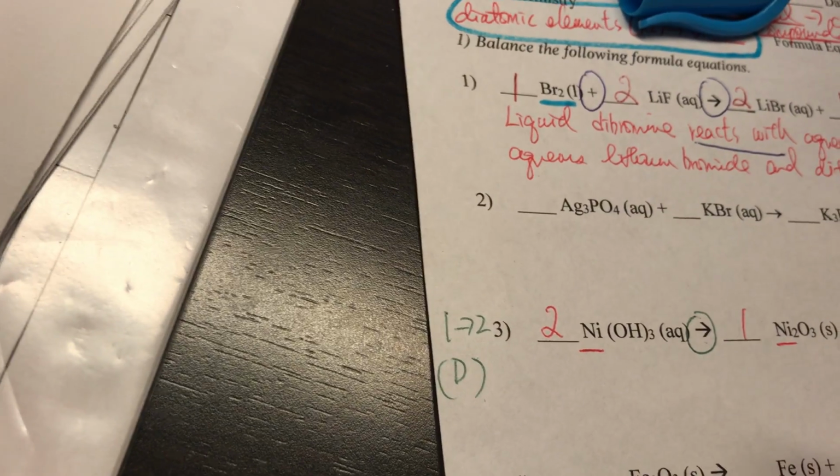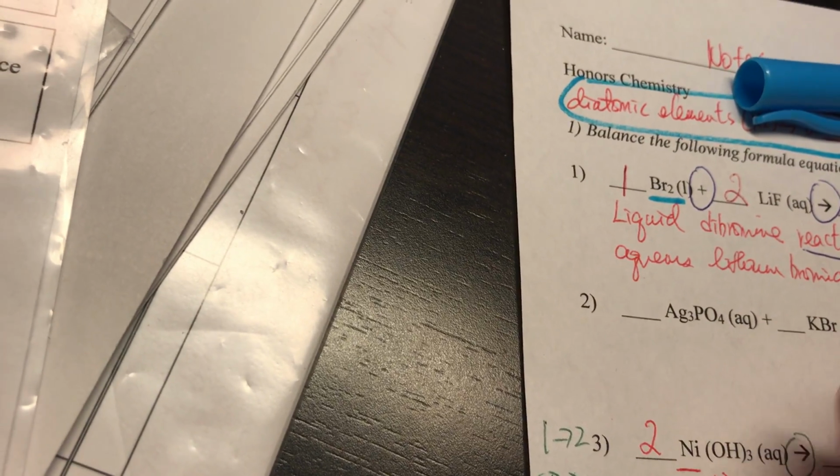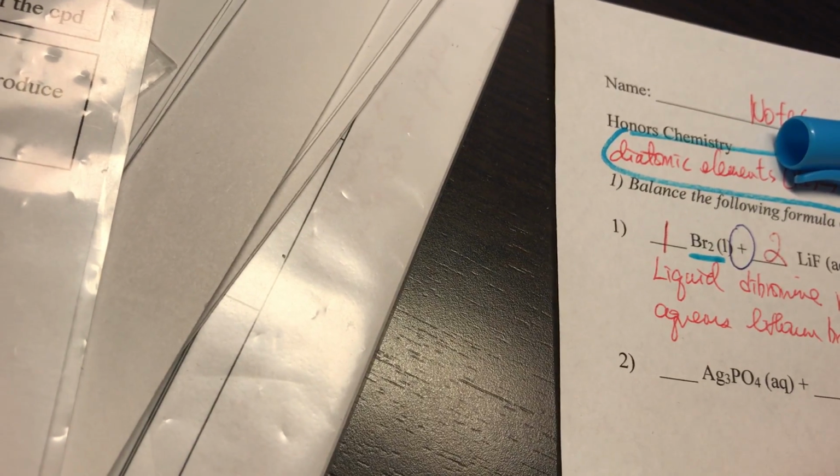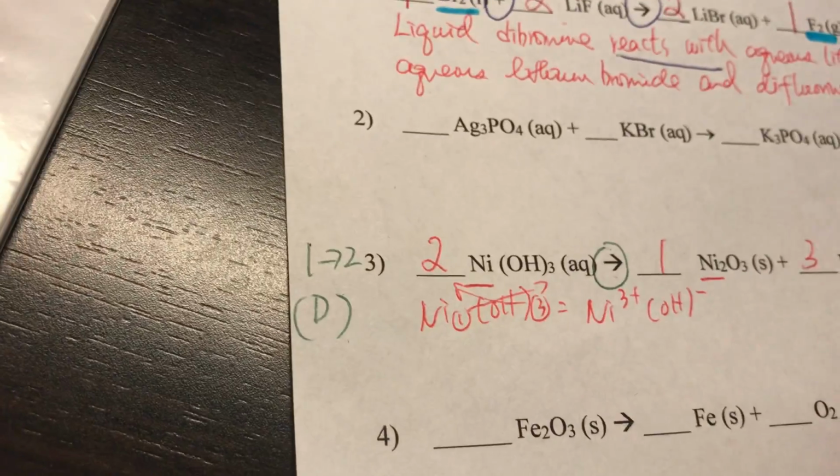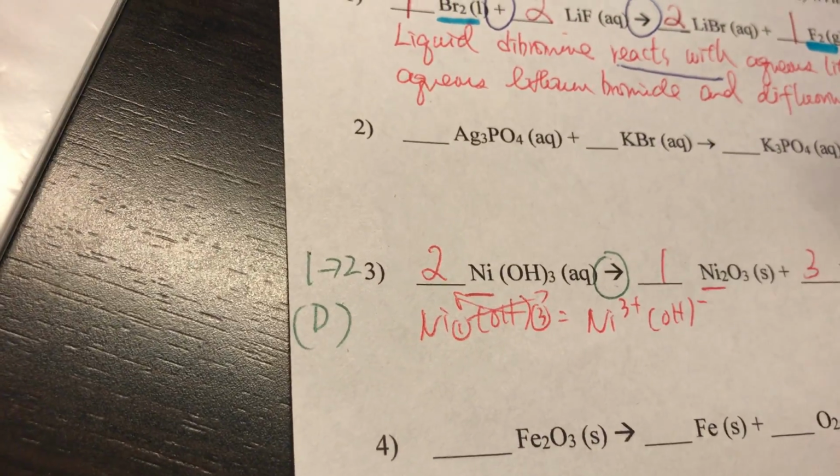So why do we need to do crossover? Because we have a transition metal here, we might have different Roman numerals. We need to find out the charges. So we cross over. We'll get Ni3+ and OH minus. And OH minus is happy, which means we don't need to times any number.